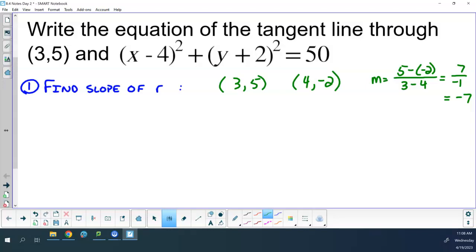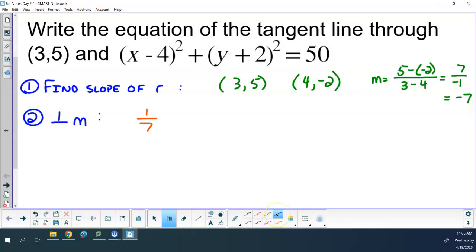So if they are perpendicular, that means they have what kinds of slopes? Opposite reciprocal slopes. What is the opposite reciprocal of -7? +1/7. So the slope of my tangent line is +1/7.